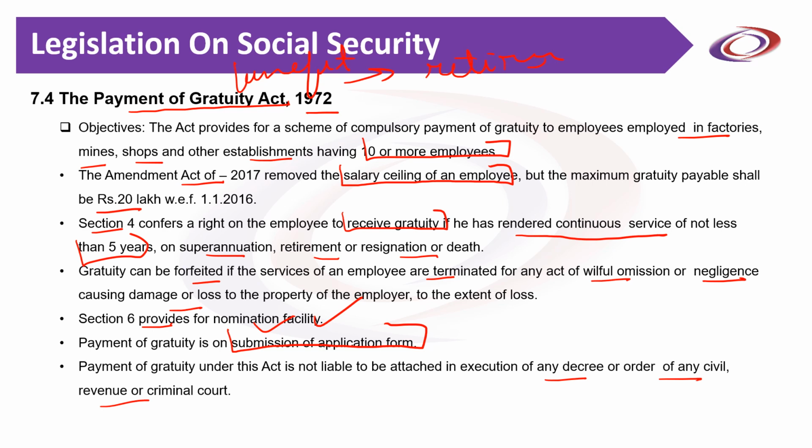The gratuity payable under the scheme of the banks or other employer can be attached to the extent that it exceeds the one payable under the Act. So the Payment of Gratuity Act of 1972 deals with how much gratuity will be paid, and what the provisions, rules, and regulations are.